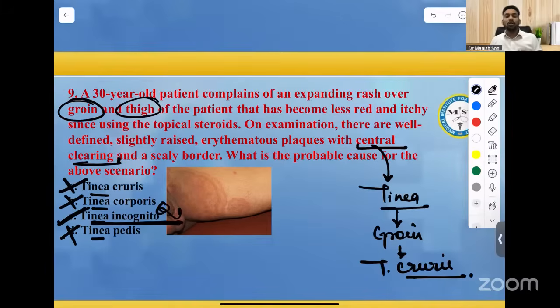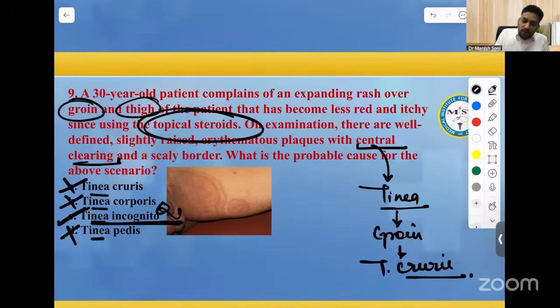What is tinea incognito? Tinea incognito is a hidden type of tinea. And why is it hidden? Because of immunosuppressive drugs like steroids. The most important clue here is steroids. The patient started developing tinea in the groin and he started applying steroids.